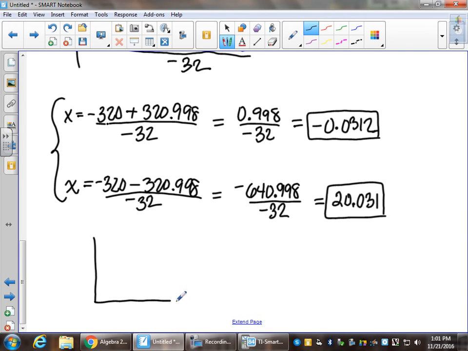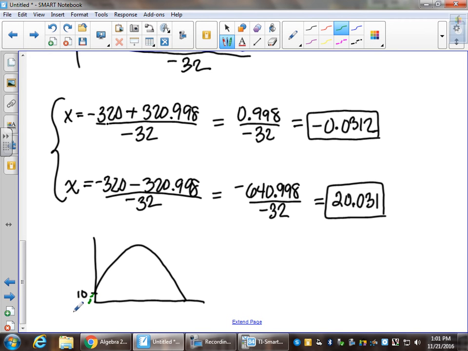Let's reason on what this graph is going to look like. Remember, we really are only interested in our real-world application of this graph. This crossbow is launching that arrow at a starting height of 10 feet. It's going to come up and then come back down to the ground. When we actually graph this, there is this x-intercept right over here.